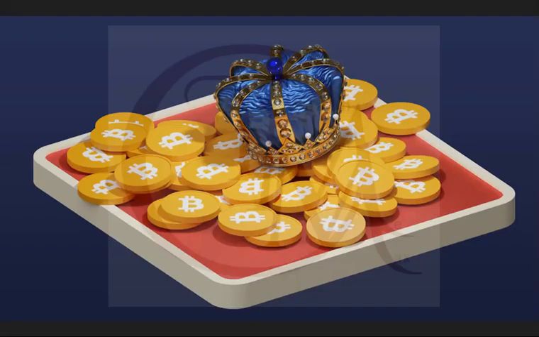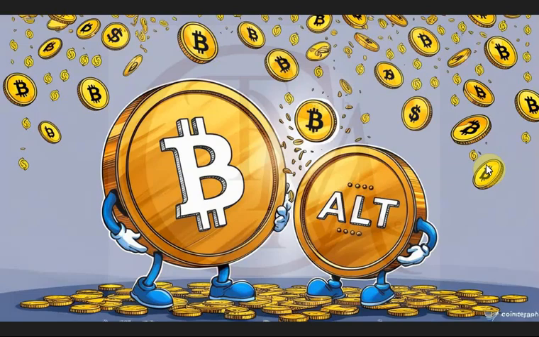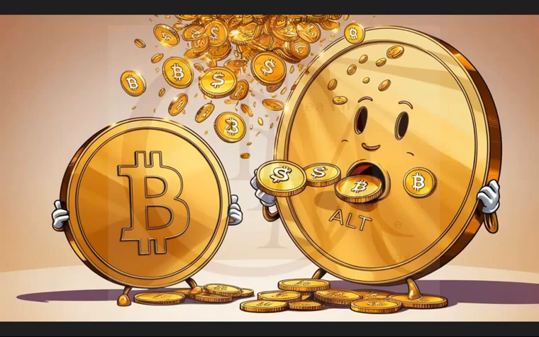Why is Bitcoin dominance important? BTC dominance helps traders understand whether money is flowing into Bitcoin or altcoins. Let's break it down. 1. Bullish market for Bitcoin. If Bitcoin's price rises and dominance increases, it signals that money is primarily moving into Bitcoin and altcoins may underperform. 2. Altseason.